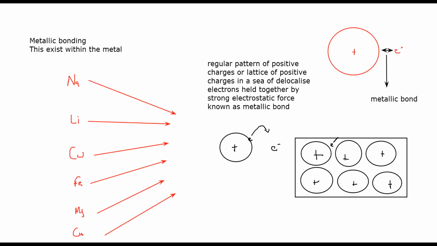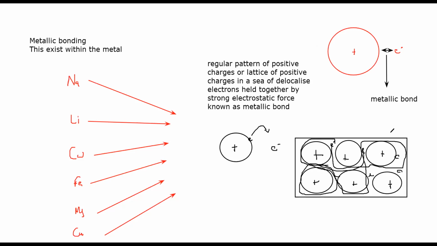It will not go outside anywhere. Like the electron which is lost by this atom 1 can be anywhere, because it's free now to move within the structure. Same thing happened for the second one, it can move anywhere, and the third one. So all these electrons are free to move within the structure, and we call them delocalized electrons.